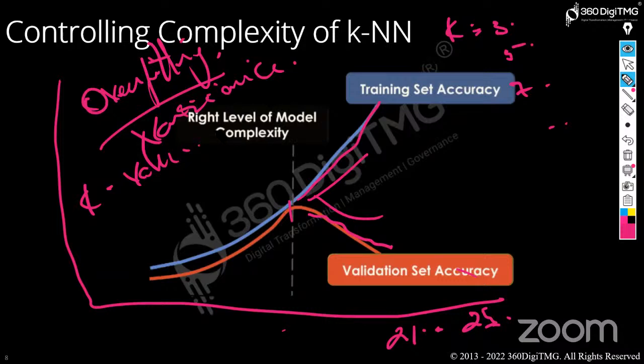Right, so if you use a K value which is more than this, for example 21, your model will be overfitting, and you will be experiencing variance.